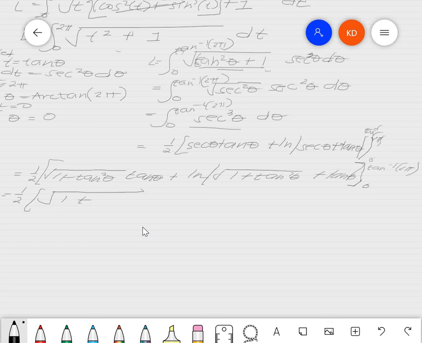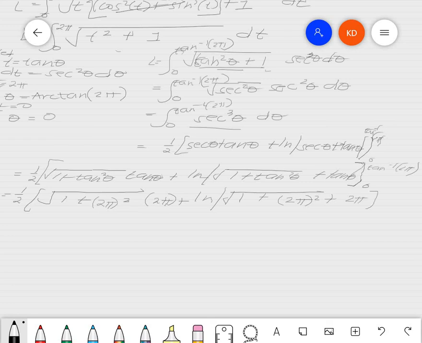Arctan of 2 pi is around 80.95 degrees, then it goes back to 2 pi. So we just have 2 pi squared here, times 2 pi plus ln of the square root of 1 plus 2 pi squared, plus 2 pi.